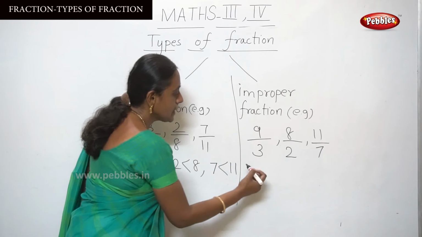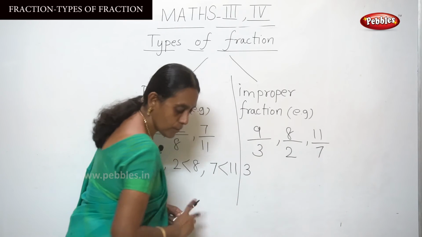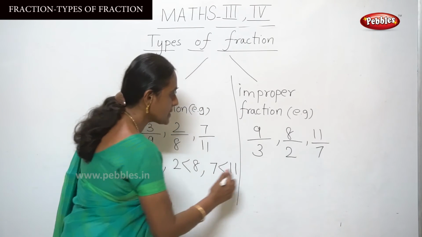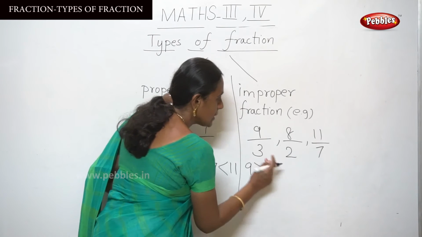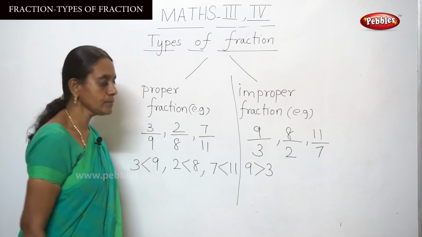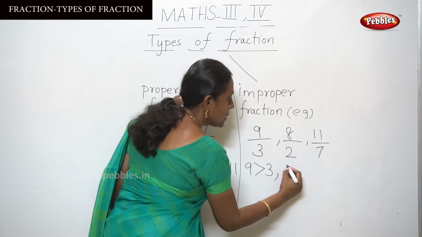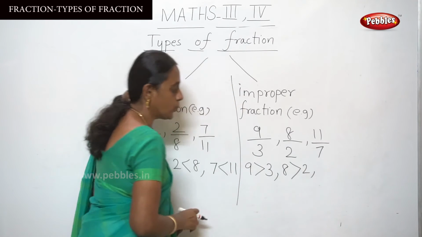The numerator 9 is greater than the denominator. And the same with 8 as the numerator: 8 is greater than the denominator 2.